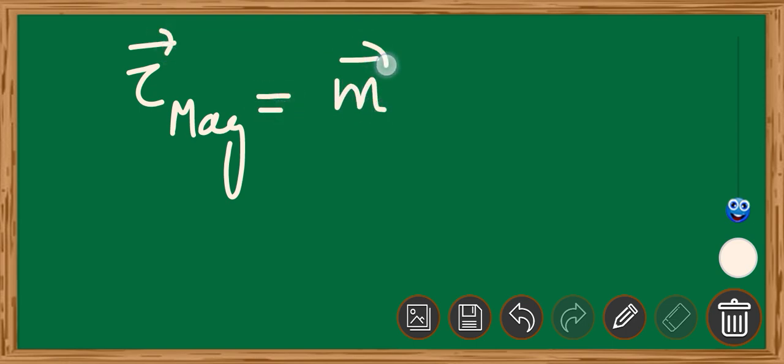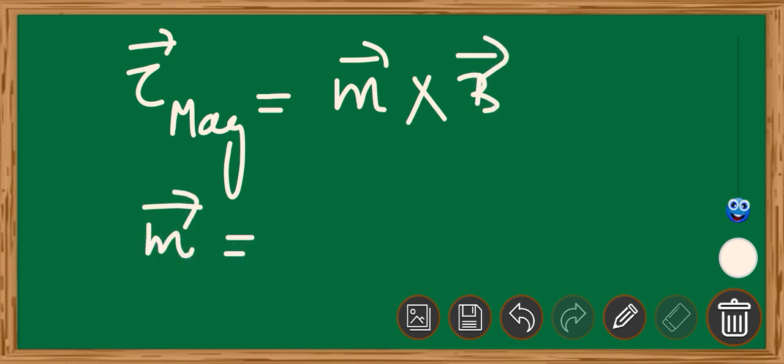Where m is the dipole moment, and m is equal to I, the current, into the area of the loop.